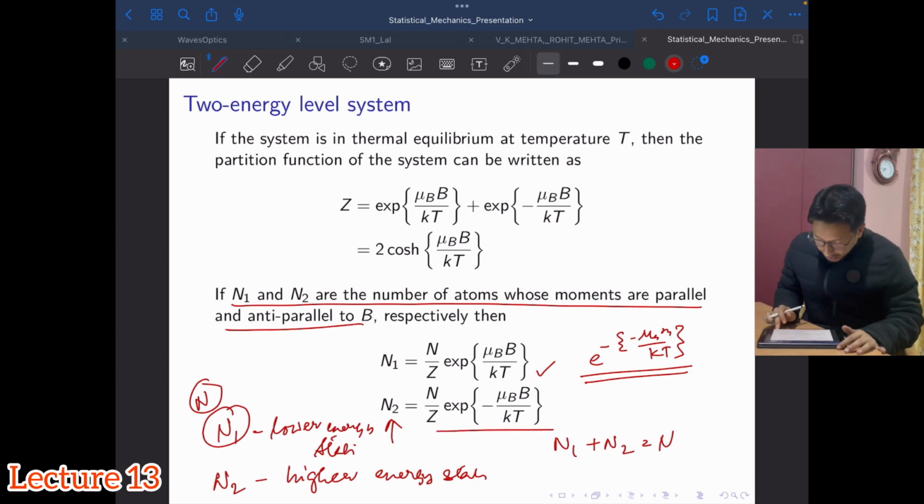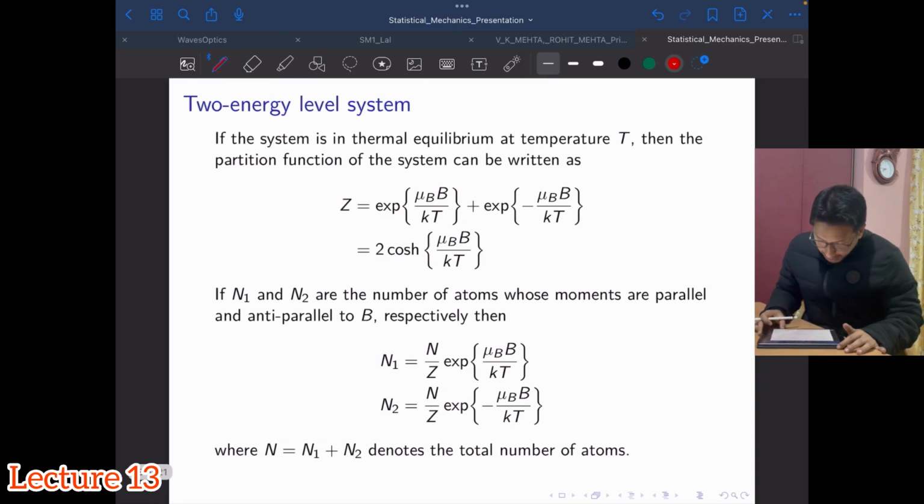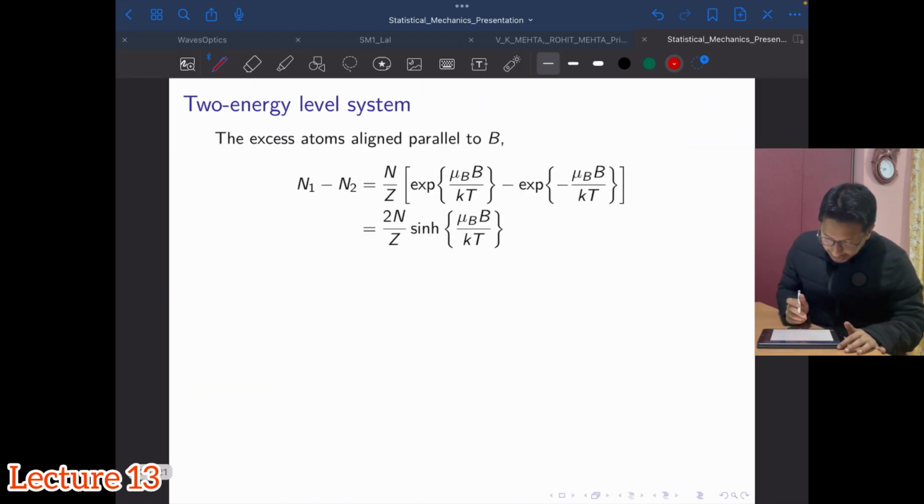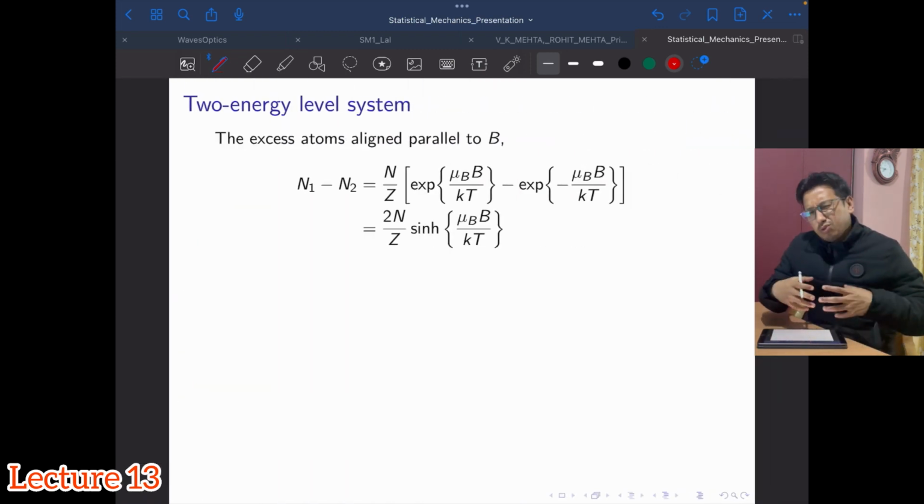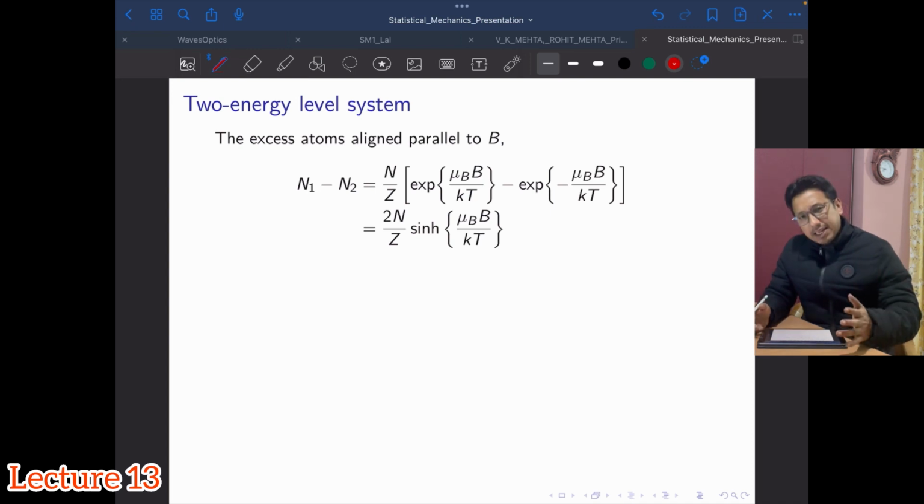Now I can calculate what I'm trying to calculate, the net magnetic moment of the substance.